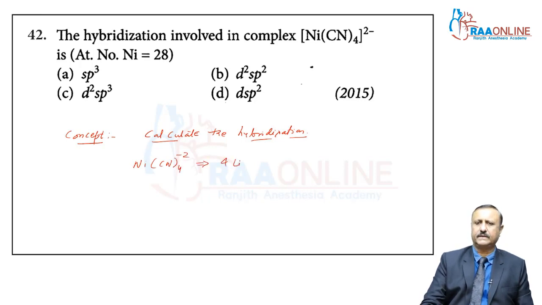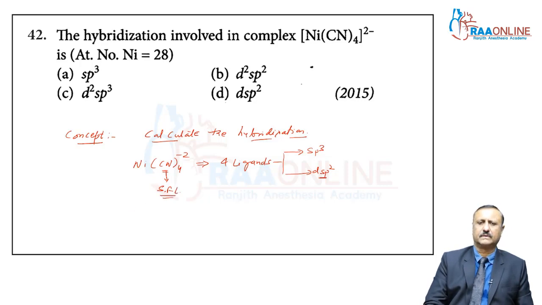4 ligands are present. It means 4 orbitals are mixed together. It may be sp3, where 4 orbitals are mixed together, or dsp2, where 4 orbitals are mixed together. Here, cyanide ion is a strong field ligand.